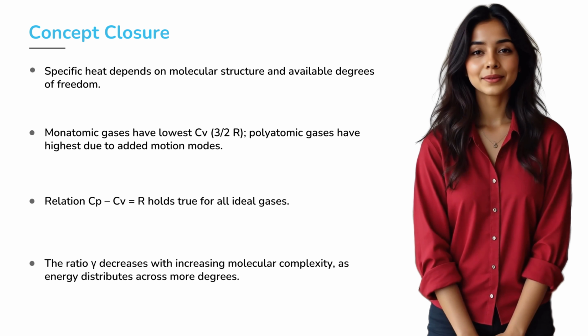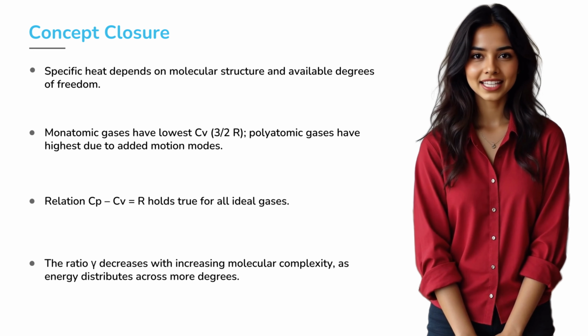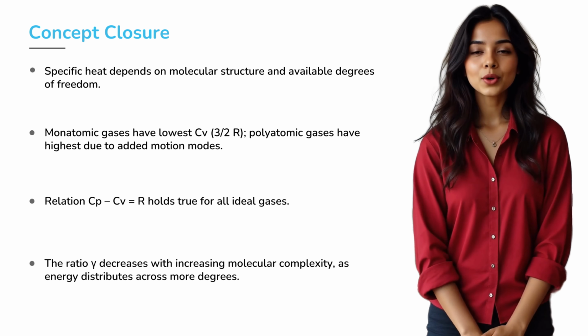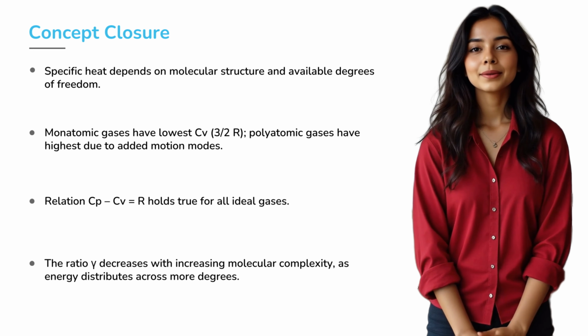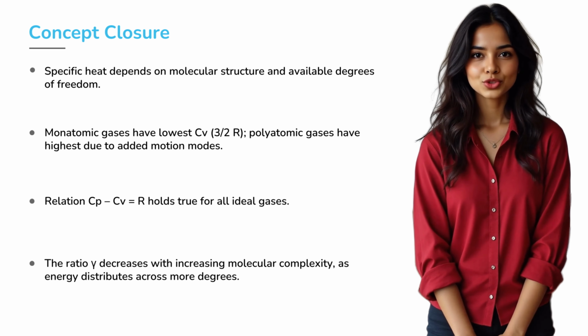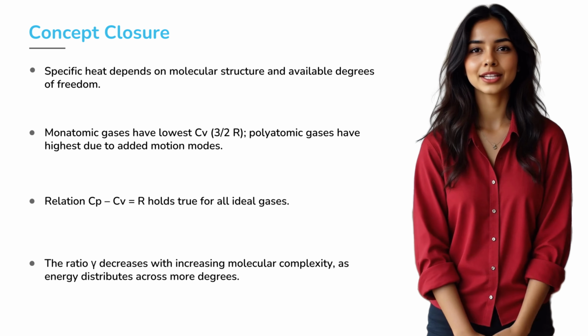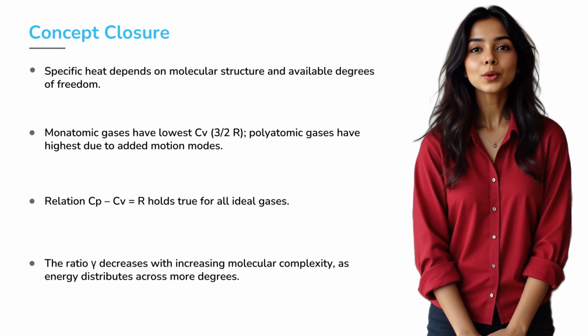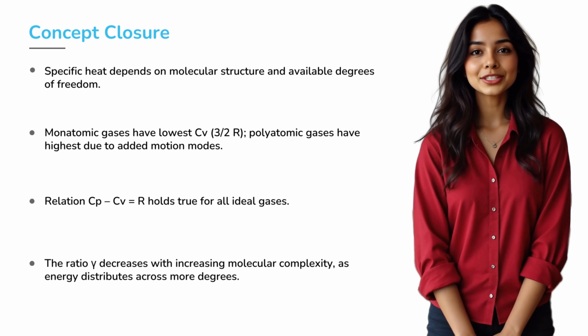Let's wrap it up. Specific heat capacity tells us how much energy a gas can store. Monatomic gases only translate, so they heat up fast. Diatomic ones rotate too, so they absorb more heat. And polyatomic molecules? They're energy sponges. No matter the gas, Cp minus Cv equals R always.